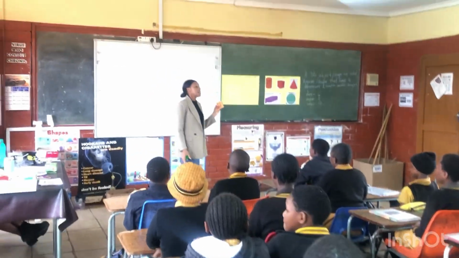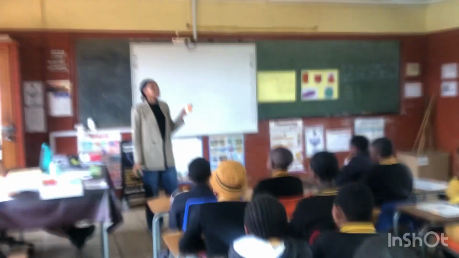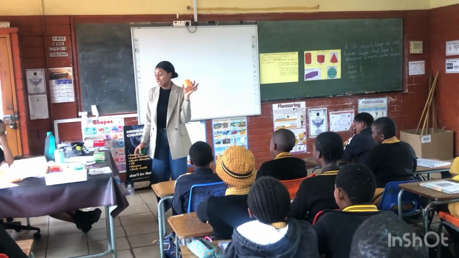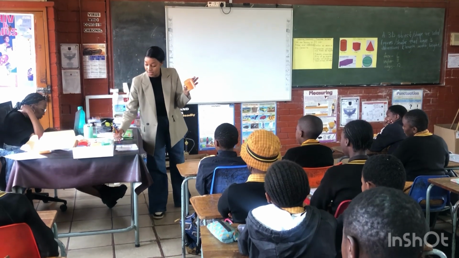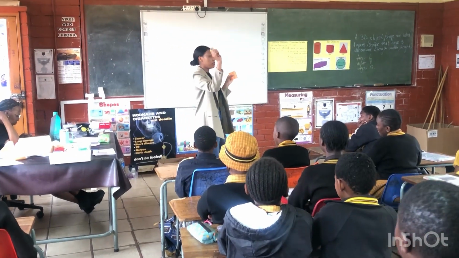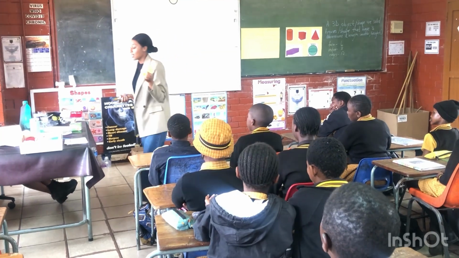Now what shape is this? Cylinder. A cylinder, right? So now we're no longer using a ball technique. Now we are using the naming sticks. So these are the naming sticks that we're going to be using, right? If I pick up your name here, it means you're giving us an answer.